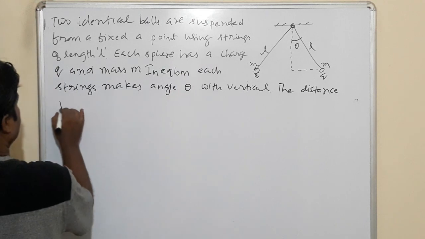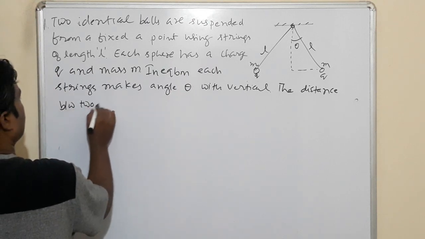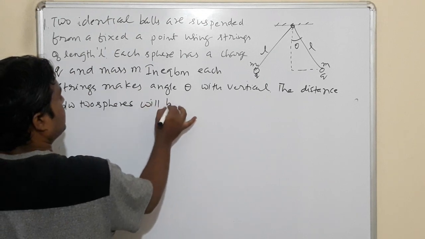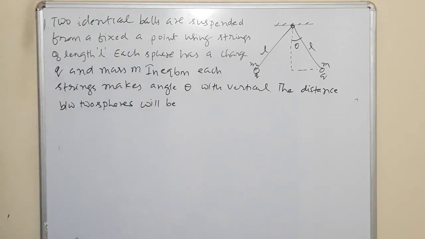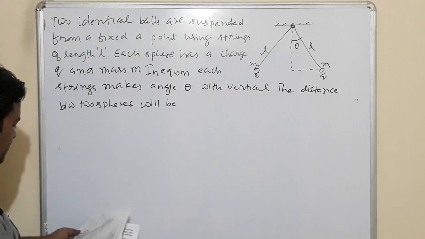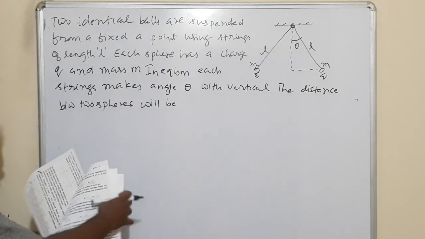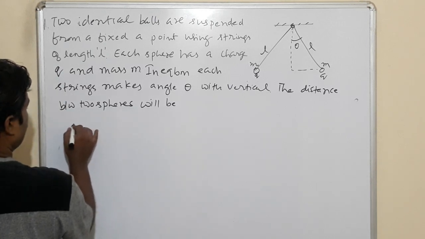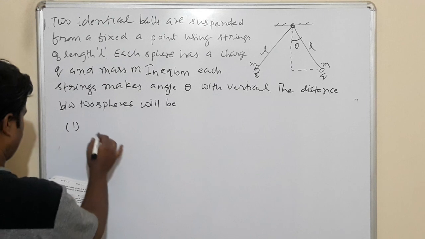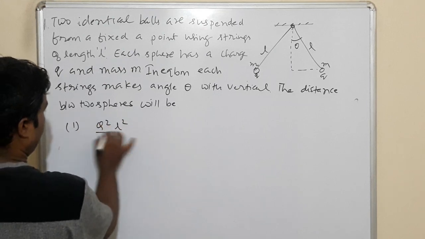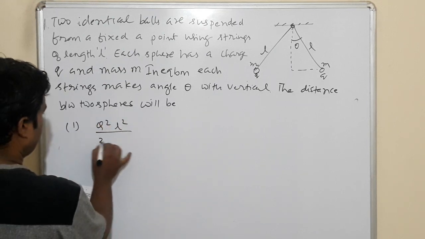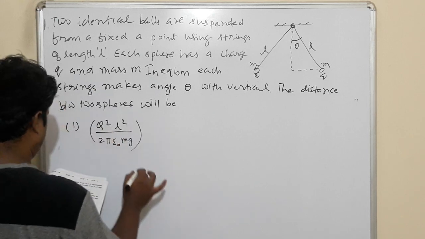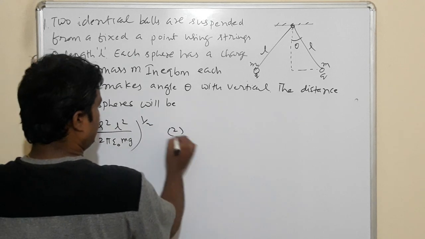The distance between the two spheres will be, for example: one, (q square L square divided by 2 epsilon naught mg) raised to half.